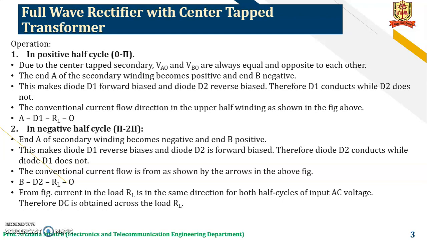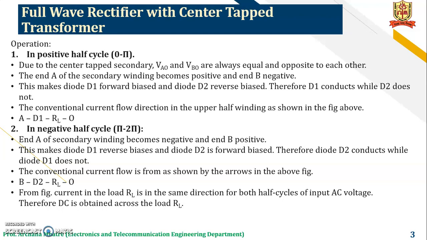This makes diode D1 forward biased and diode D2 reverse biased. Therefore, D1 conducts while D2 does not conduct. The conventional current flow direction in the upper half winding is shown in the figure. The current flows from A to diode D1 to RL to point O.